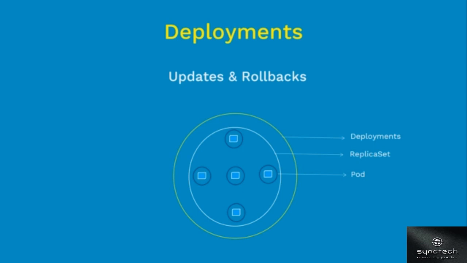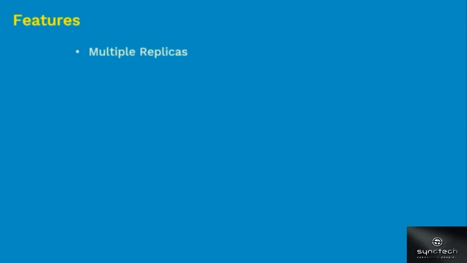Now let's take a look at other features of deployment. First, multiple replicas. With the help of deployments, you can create multiple replicas of pods for high availability and load balancing. When you create a deployment, by default Kubernetes will automatically create a replica set in the background for you.